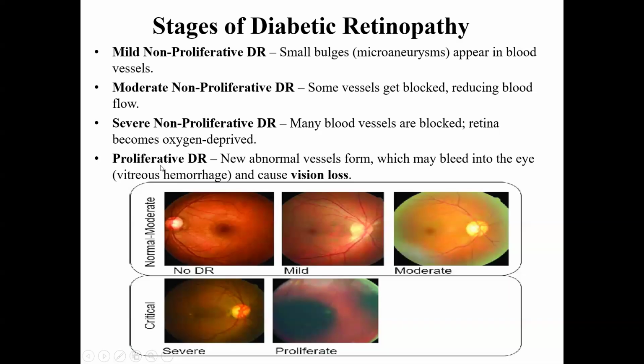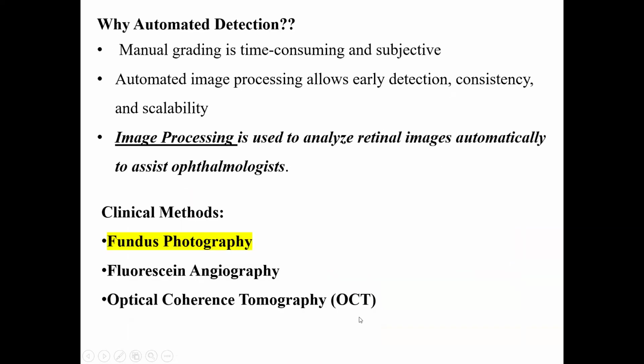And the last one is proliferative DR, where new abnormal blood vessels are formed, which may bleed into the eye, and this causes vision loss. And once this happens, it is irreversible. So that's why we call it the normal to moderate range, and then the critical range, which is severe and proliferative. You can see over here a condition that results in vision loss.